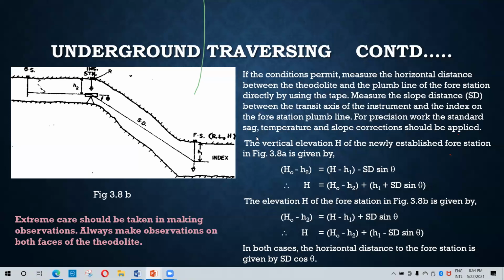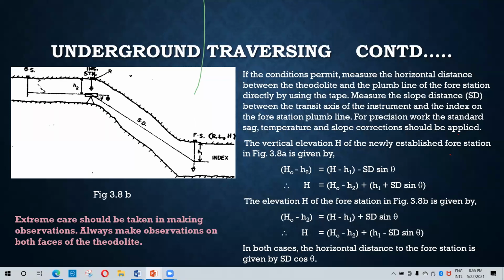Now, in this case, it is a little bit tricky, right? In the first case, you have to get this correction. You can get this equation. But in this case, you will have to again use your geometrical knowledge. Now, if this is h0, h0 minus h2 means this elevation.